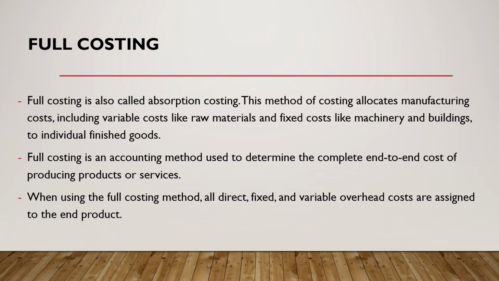This method of costing allocates manufacturing costs, including variable costs like raw materials and fixed costs like machinery and buildings, to individual finished goods. Full costing is an accounting method used to determine the complete end-to-end cost of producing products or services. When using the full costing method, all direct, fixed, and variable overhead costs are assigned to the end project.